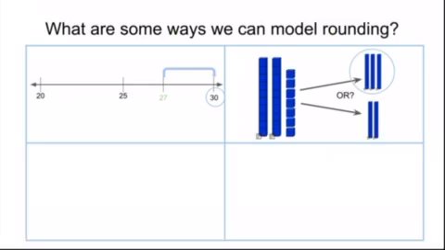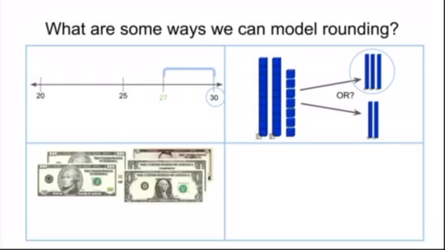Okay? Another model that Miss Patrick really likes for rounding, something I like to think about, is money. Money is something we all understand and we all love to think about, right? Miss Patrick loves to think about money, especially if it's thinking about getting money instead of having to give money away. So if you're thinking about going to the store and finding something that costs $27, you might want to ask yourself, is $27 going to be closer to $20 or $30?